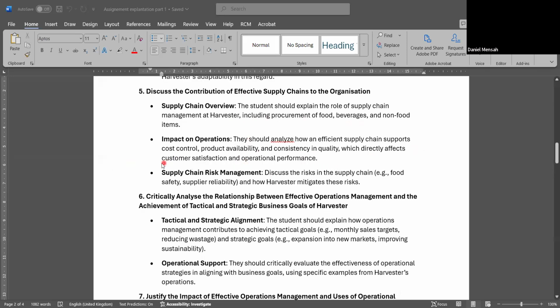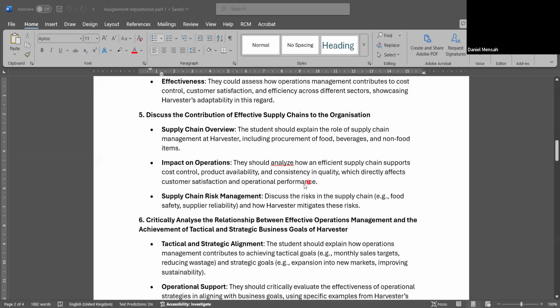Then you will be discussing impact on operations. You're going to analyze how an efficient supply chain supports operations. If your supply chain is efficient, then it must be supporting cost control.